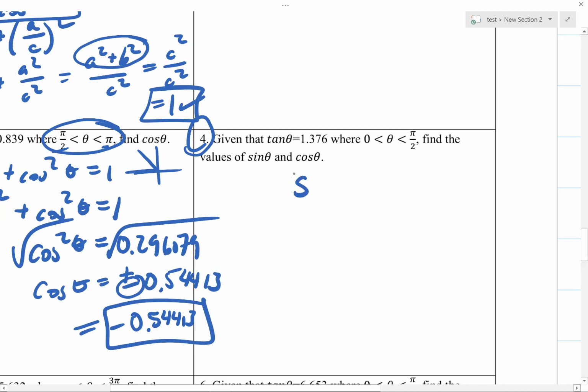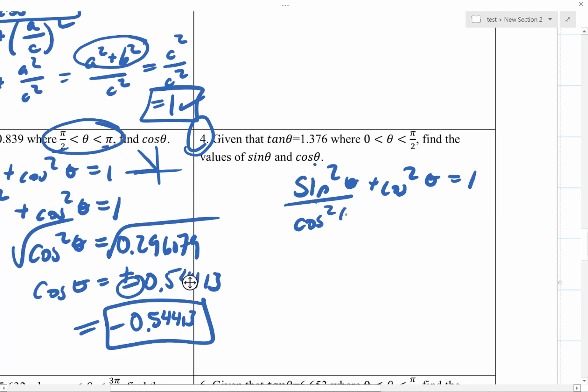If you take your sine squared theta plus cosine squared theta equals 1 and divide the whole thing by cosine squared theta, you'll get the other identity. So sine squared divided by cosine squared is tangent squared.